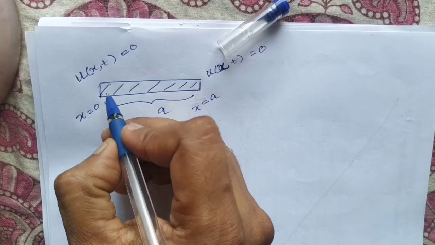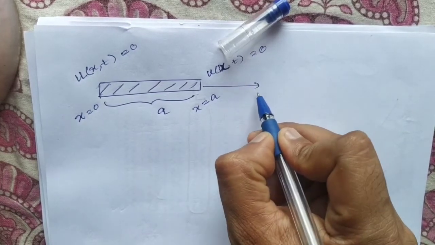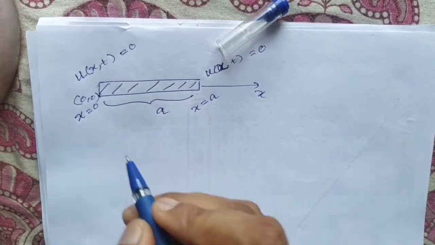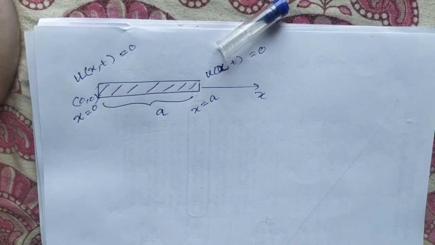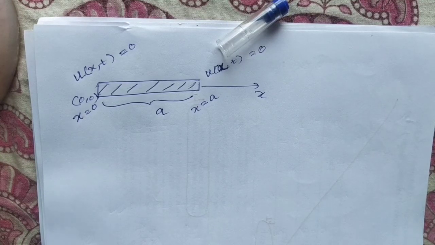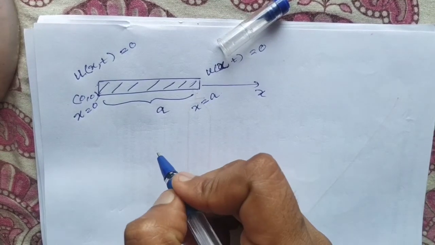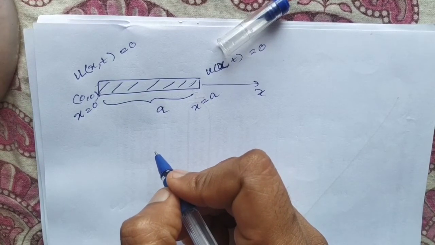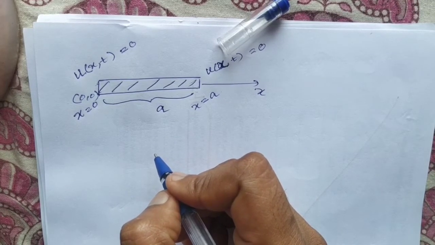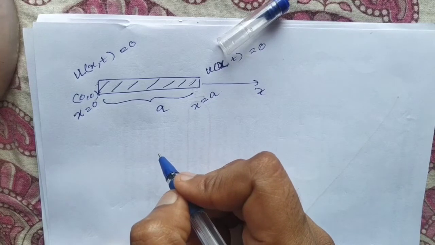So we have taken the one-dimensional direction, and this is the origin. We will not write all those details, but just understand that we have placed our bar along the x-axis, from the point 0 to the point a. Coming to the problem again: if both the ends of the bar of length a are at temperature 0, and the initial temperature is a prescribed function f(x) in the bar.